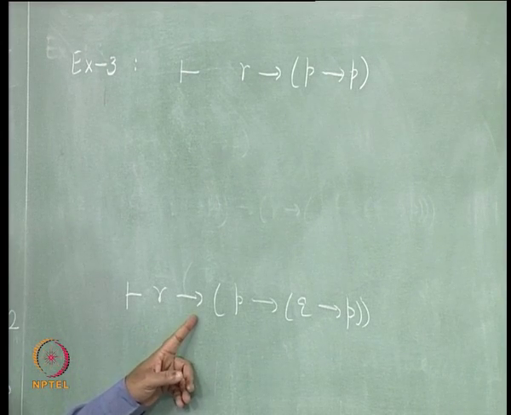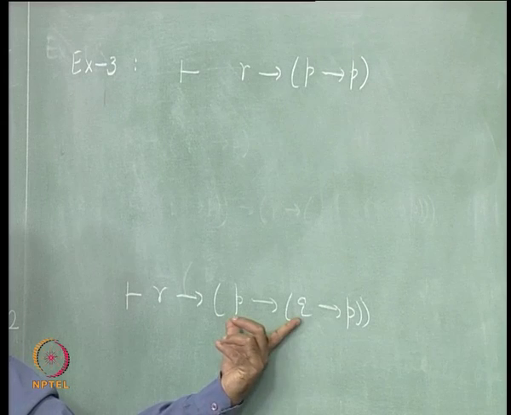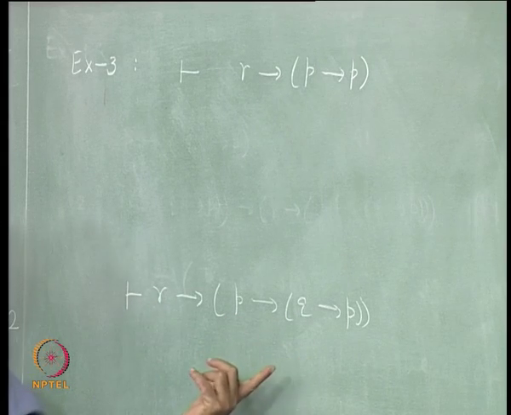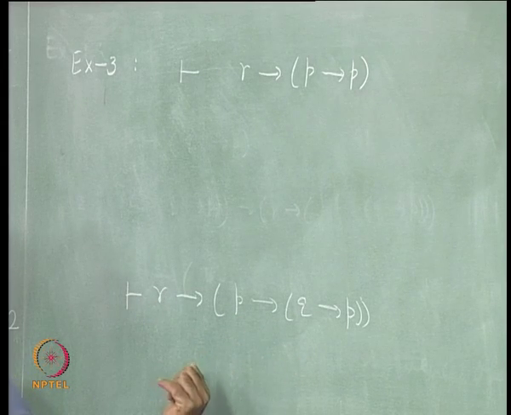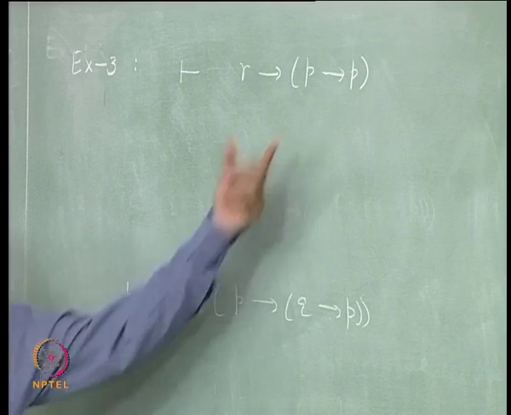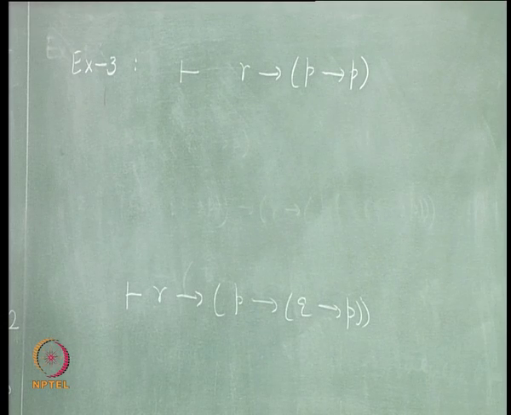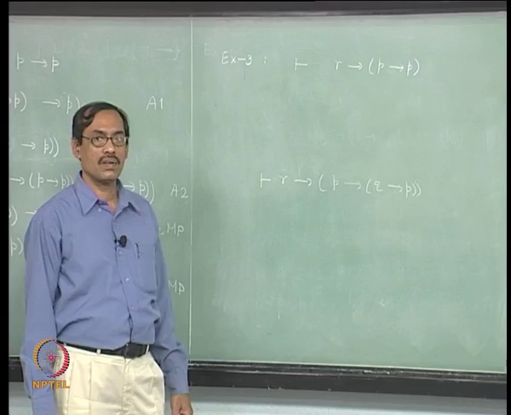How did we prove? We started with this axiom, then this implies R implies this, the same axiom A1, then we used MP. Now, instead of this axiom, suppose I use P implies P, okay. Then how will the proof go?